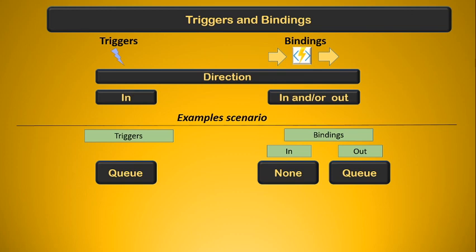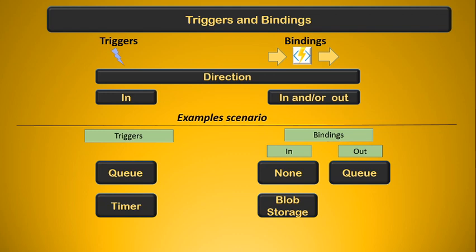Now let us consider a second scenario where you want to develop a scheduled job that reads a file from blob storage, does some operation based on that blob, and adds data to a Cosmos DB document after the function completes the execution. So in this case, the trigger will be a timer trigger, because as we mentioned, it is a scheduled job, so at a specific time it will run.